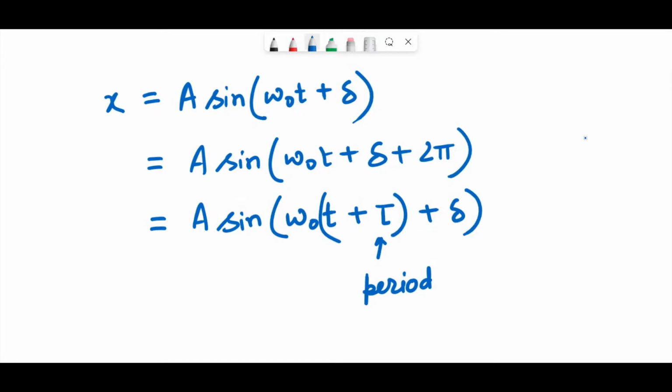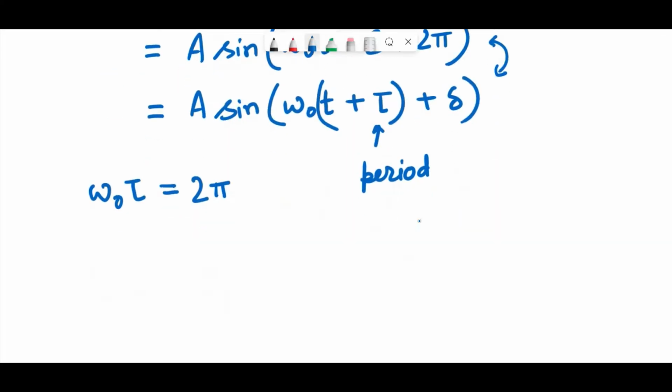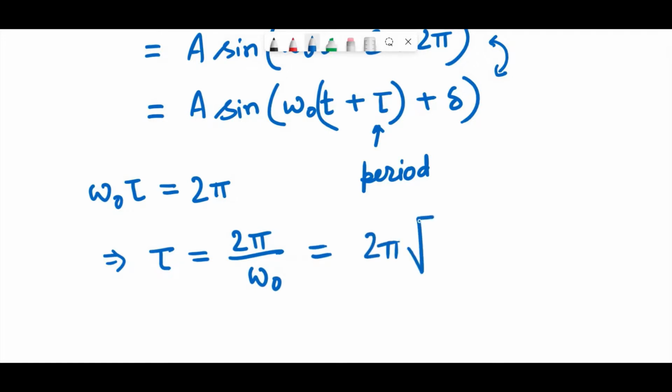And because these two things are equivalent, the period times omega naught should be equal to twice pi, which gives us an expression for the period in time. So the period is given by twice pi divided by omega naught, which is the same as twice pi square root of m divided by k.